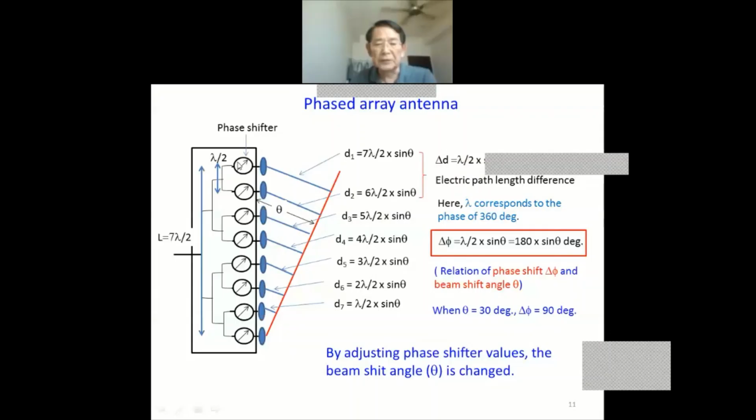However, this is a phased array. By changing the phase shifter value, we can change the radiation direction.